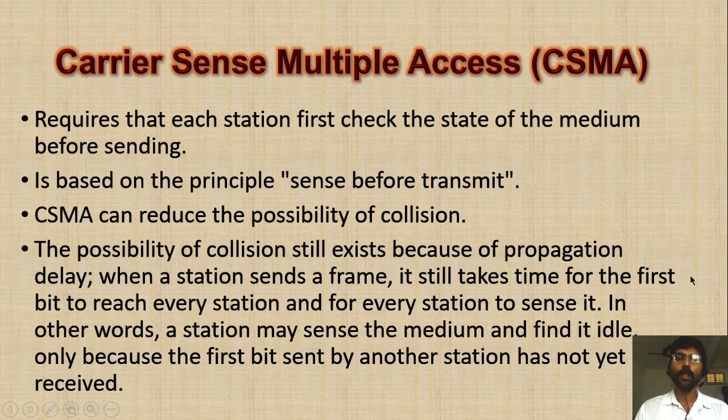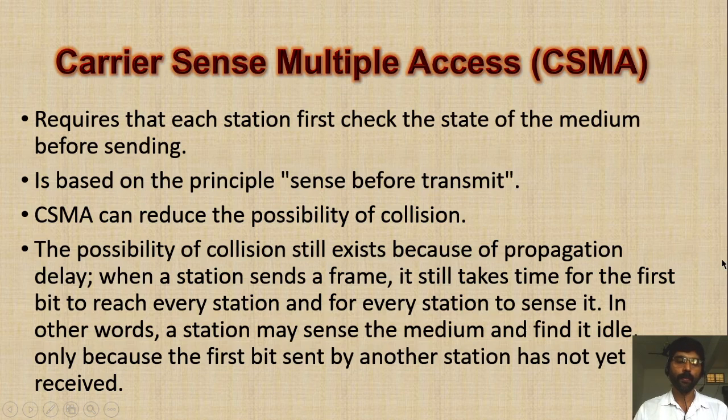In that case, another station tries to sense whether the medium is idle or not. Since the first bit has not reached every station, the second station thinks the medium is idle and transmits the data. Both stations transmit the data over the same common line, so there is a possibility of collision. This collision occurs due to the propagation delay in the medium.